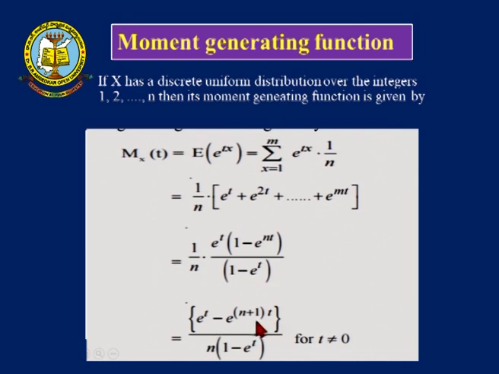So we can write e^((n+1)t) in the numerator, divided by n(1 - e^t), for t not equal to 0. Using this, if you differentiate with respect to t and put t equal to 0, we get the first-order, second-order and higher moments of the uniform distribution.